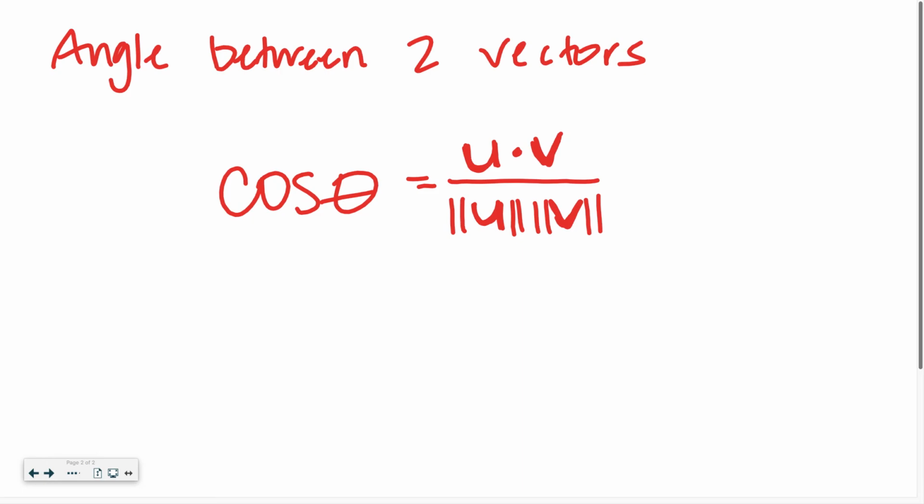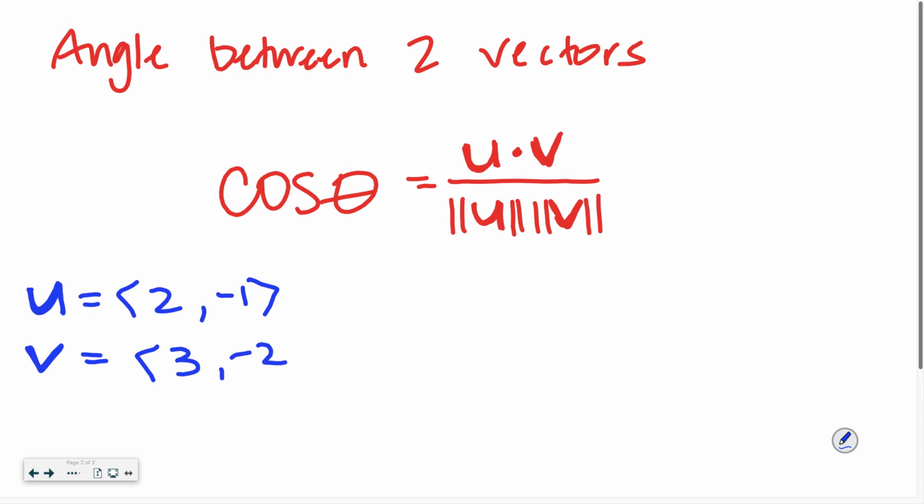What were the two vectors that we had earlier, Caleb? 2, -1 and 3, -2, 3. Okay, so if we want to find the angle in between these two vectors, we're going to set up the cosine of theta equals, our dot product was 8, correct?